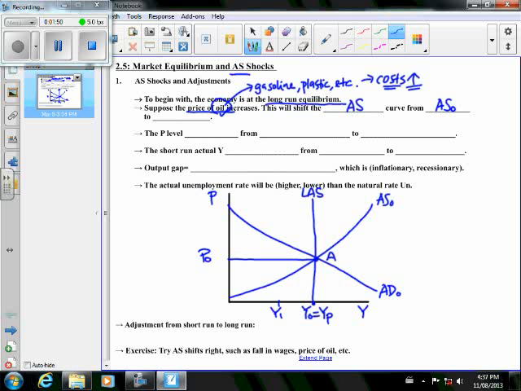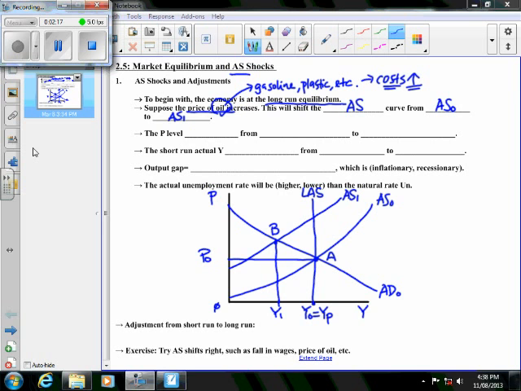The firms produce less, therefore Y1 is closer to the origin. This means the aggregate supply curve will shift, for example, to this particular point. So AS0 will shift to AS1. And let us call this point B.